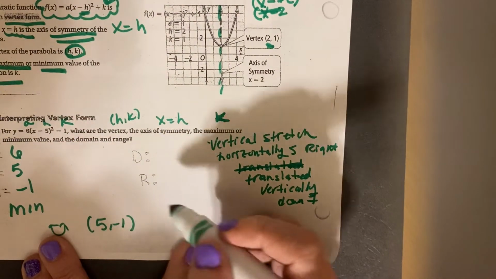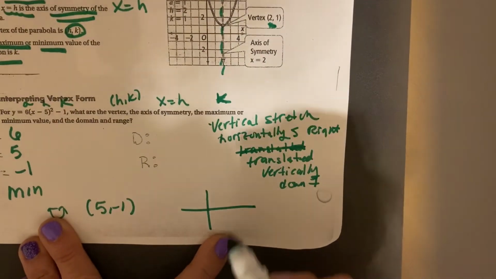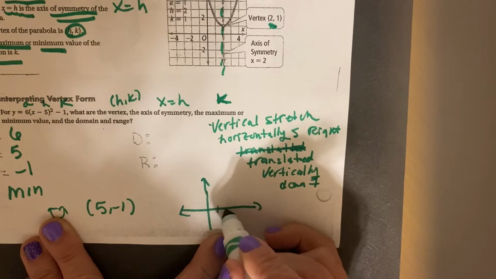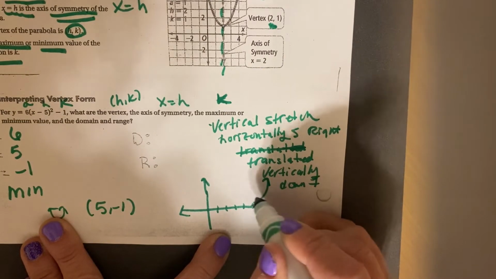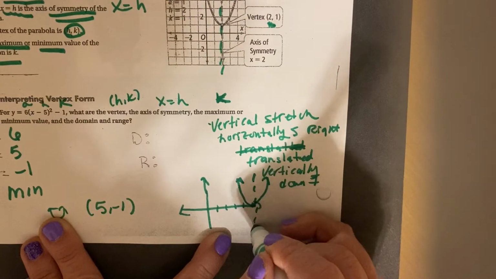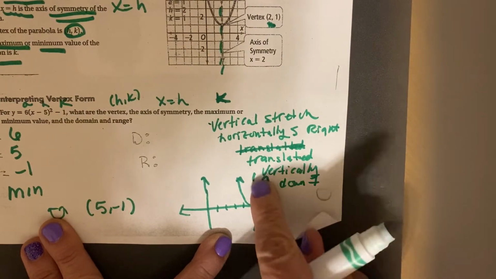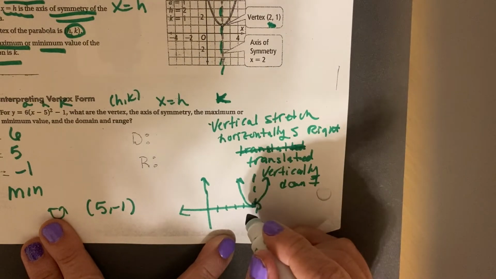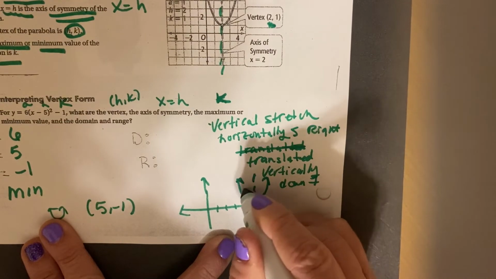And our domain and range. So we can do a brief sketch over here. 1, 2, 3, 4, 5. We know this is going to open up this direction. We know that our axis of symmetry is going through this point, so this is x equals 5. Oops, that should be down here.